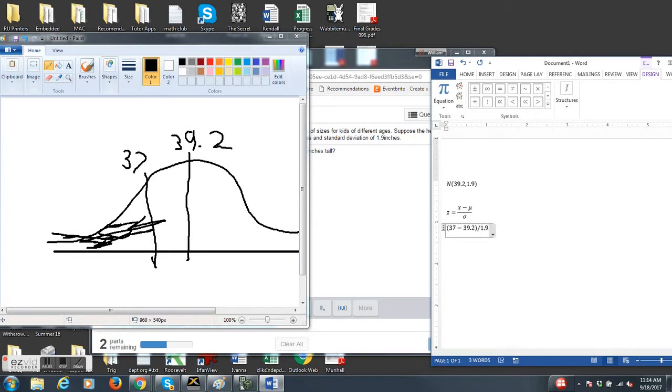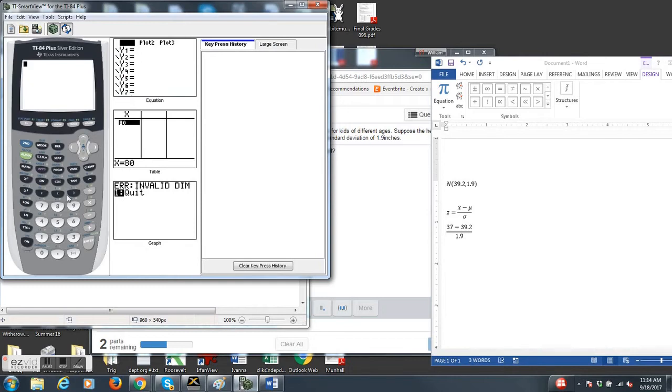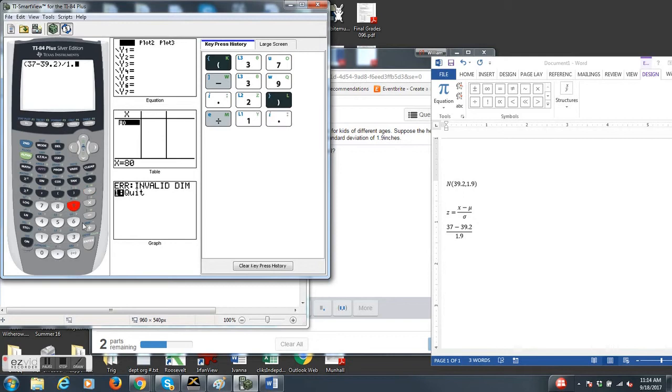And what exactly is that? 37 minus 39.2 divided by 1.9 gives negative 1.16.